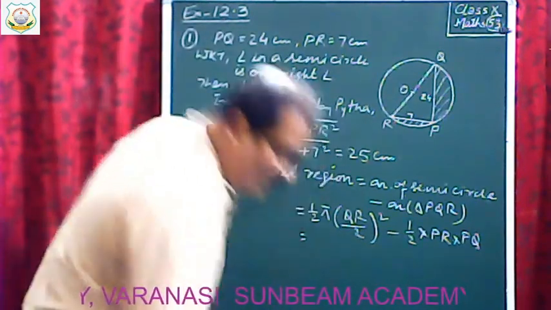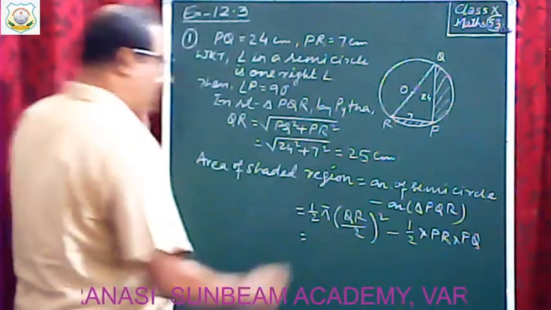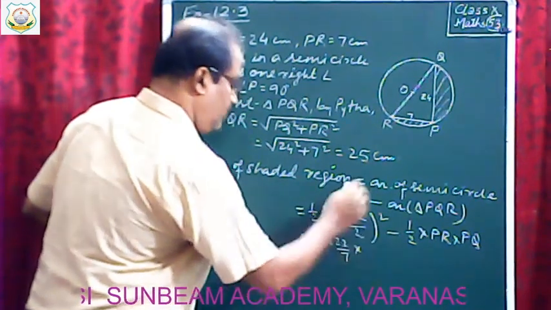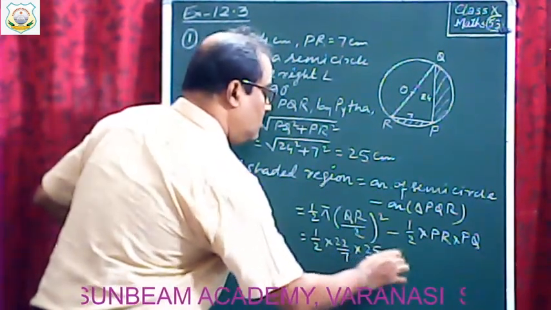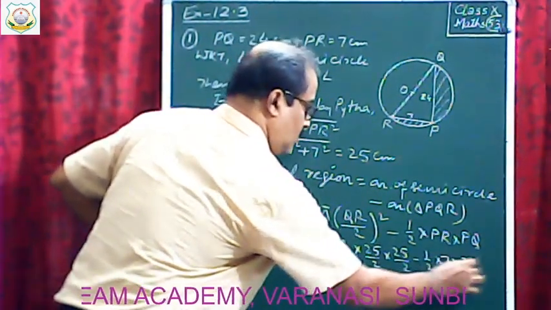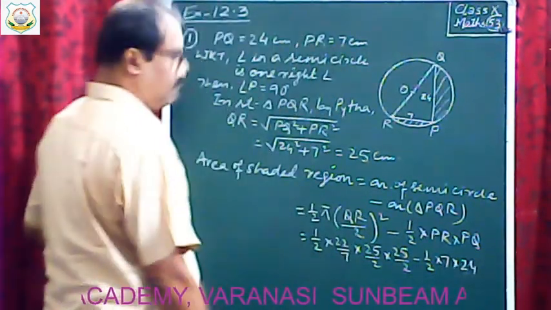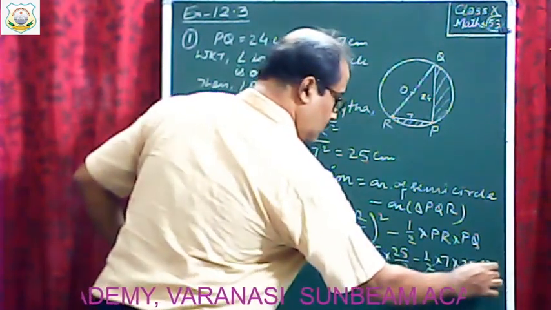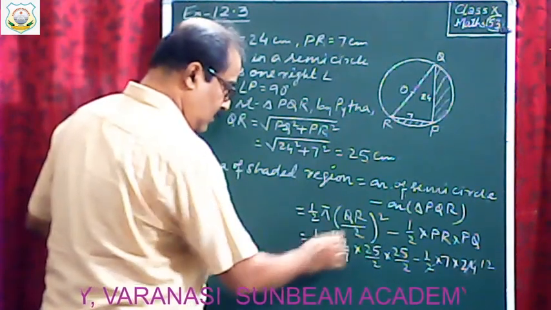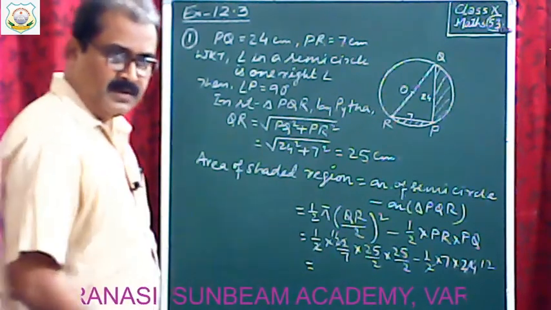Value of pi is given or not? No, not given. So half into 22/7 into 25/2 into 25/2 minus half into 7 into 24. Finally, calculation is your part, as you know.